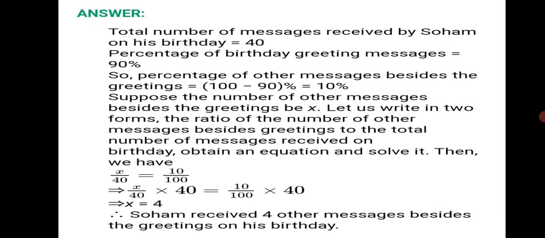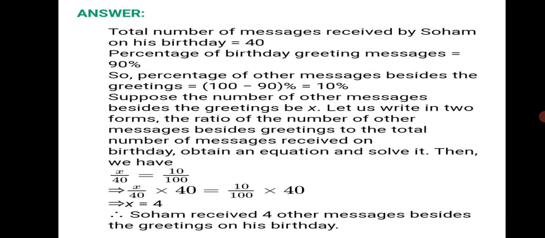Total number of messages received by Soham on his birthday is equal to 40. Percentage of birthday greetings is equal to 90%. So percentage of other messages besides the greetings is equal to 100 minus 90 is equal to 10%. That means 10% were other messages and 90% were birthday greetings.